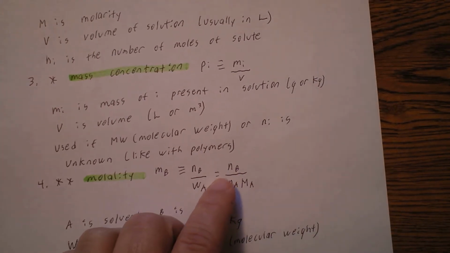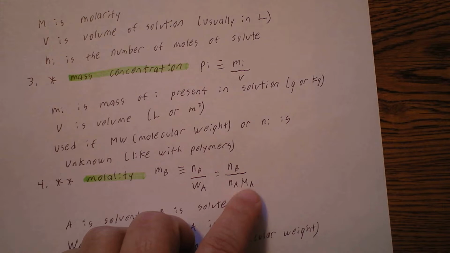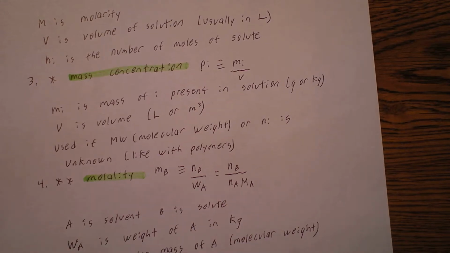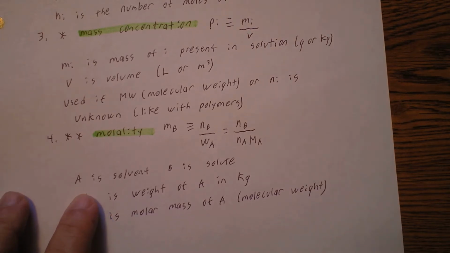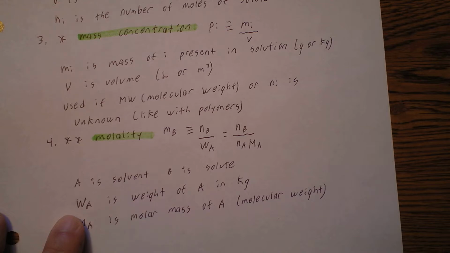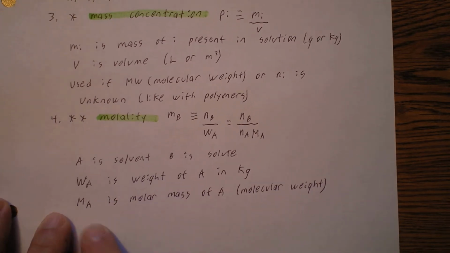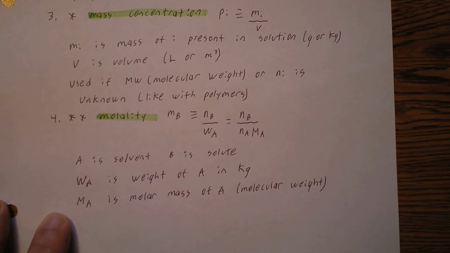Or put another way, it's the number of moles of substance B divided by the number of moles of substance A times the molar mass, or molecular weight, of substance A. Remember, A is the solvent, B is the solute, just like above we had i for the solute. W subscript A is the weight of A in kilograms, and M subscript A is the molar mass of A, or molecular weight. I'm going to use those interchangeably, but they're not really the same.